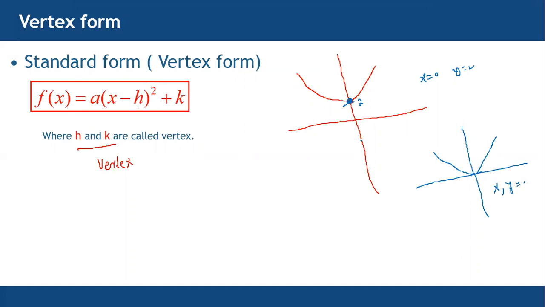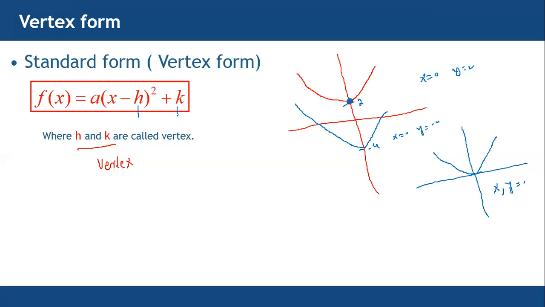If the graph is starting, for example, from minus 4 like this one, so x is equal to 0, but y is equal to minus 4. These points are called what? Vertex point, h and k.